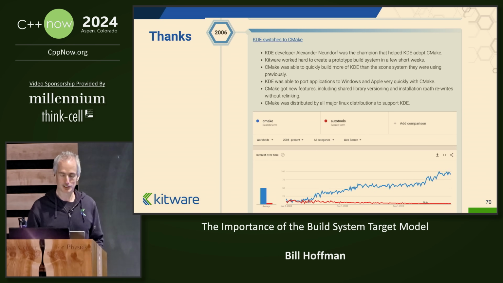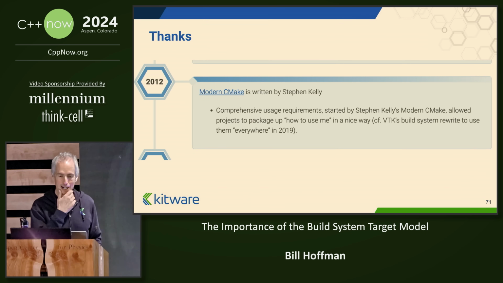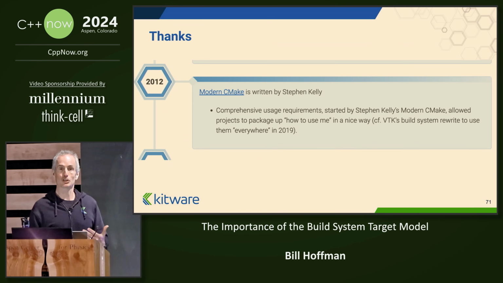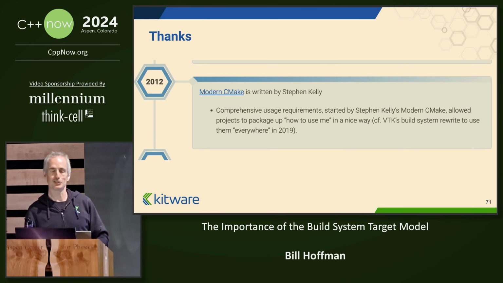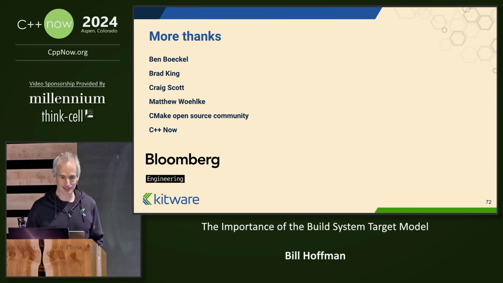And why that's important in this talk is that in 2012, modern CMake was created by Stephen Kelly, who was a KDE Qt developer. And then usage requirements, what I just presented today, was created. So if KDE hadn't adopted CMake, who knows if we would have stumbled upon this. But it's good to thank people.